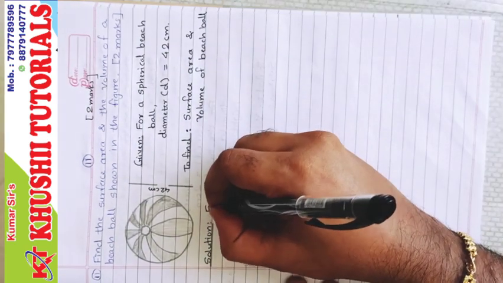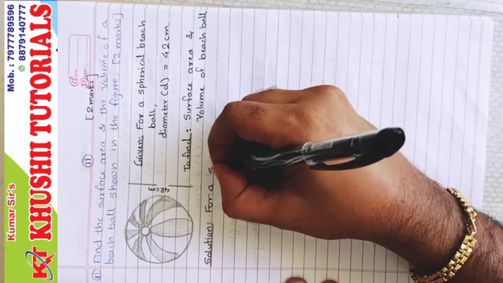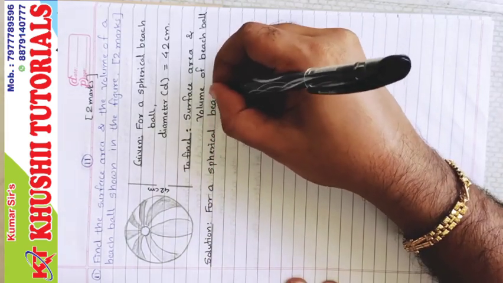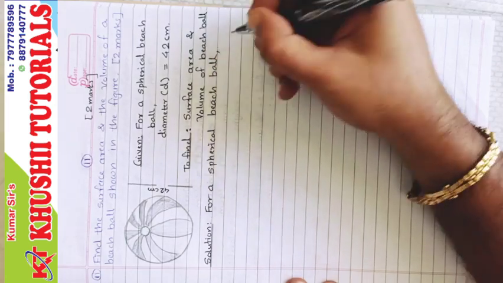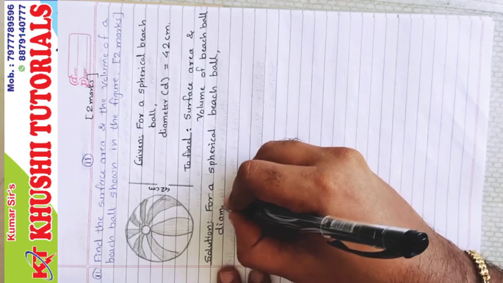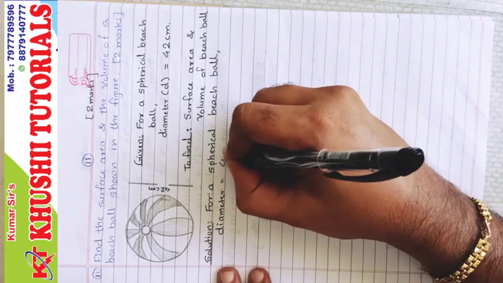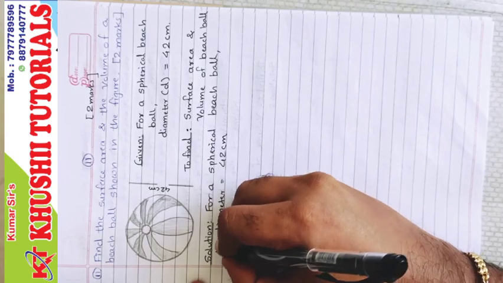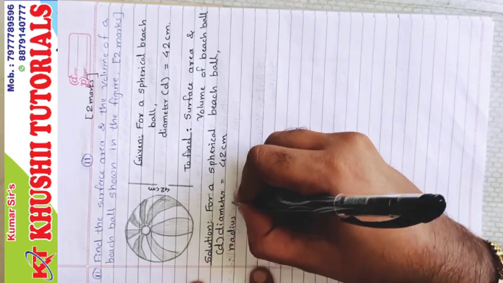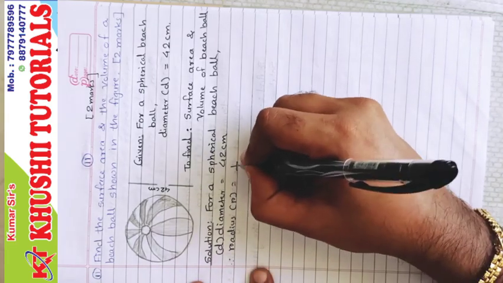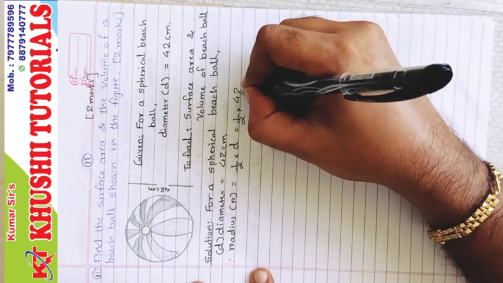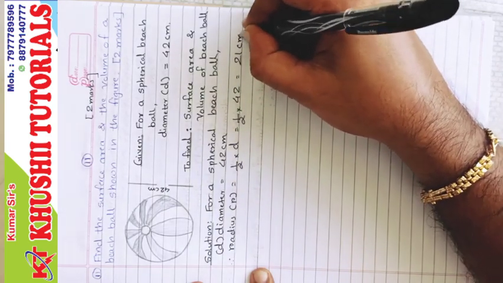So solution for a spherical beach ball, diameter equal to 42 centimeter, which is D. Therefore radius R equal to half of diameter equal to half of 42 and that is 21 centimeter.